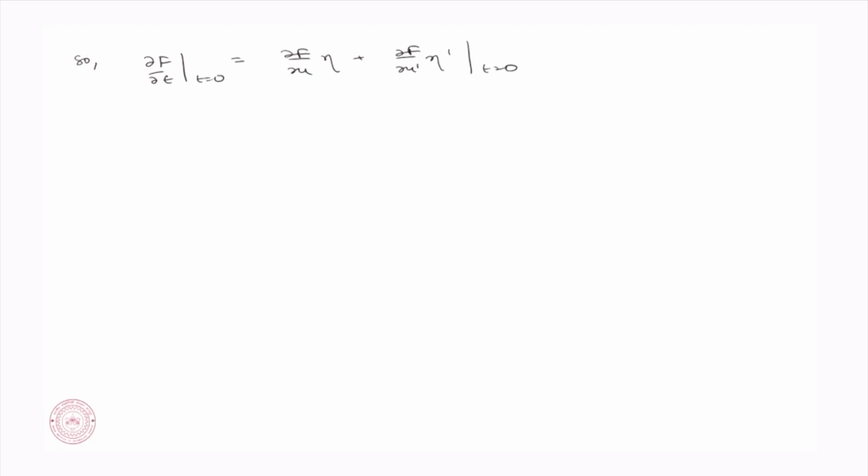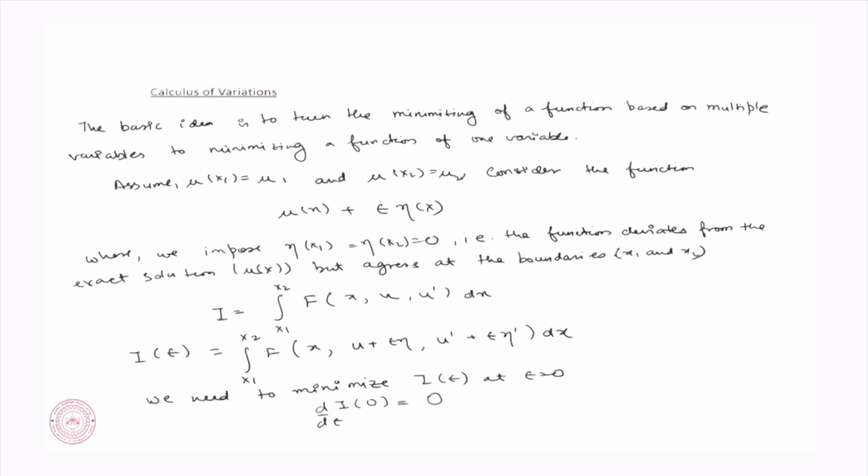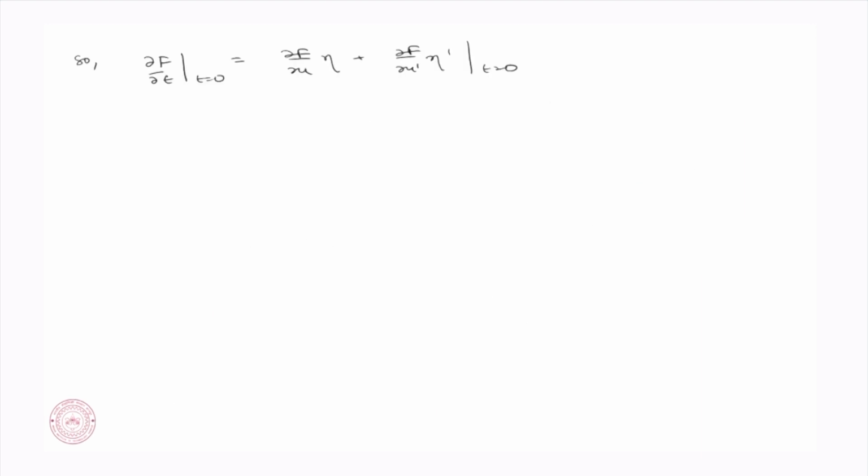If we substitute this back, again let us go back one slide. So, we are taking a derivative of this F with respect to epsilon. Del F by del epsilon is the derivative with respect to the first term, that is u plus epsilon eta, and the second term, that is u prime plus epsilon eta prime. That is what we have done over here.